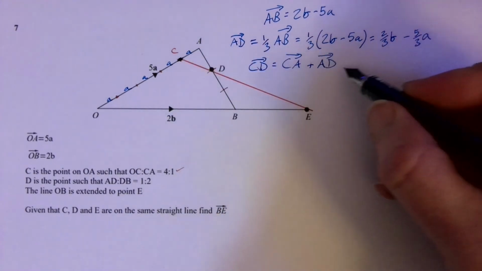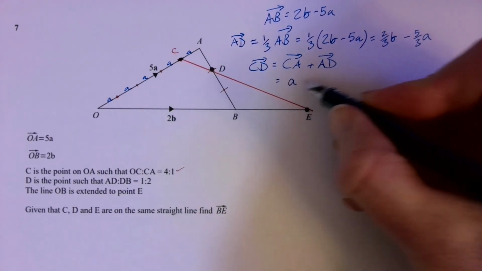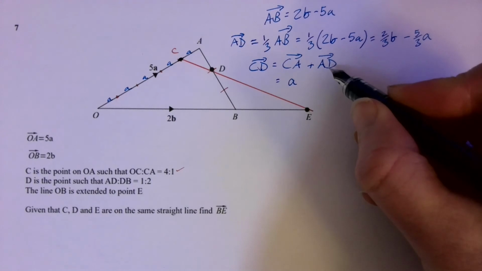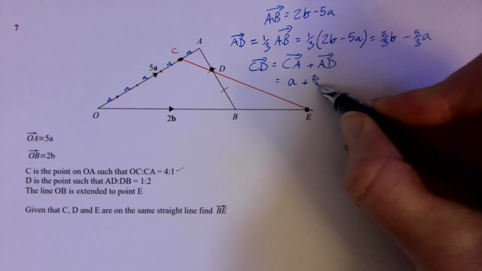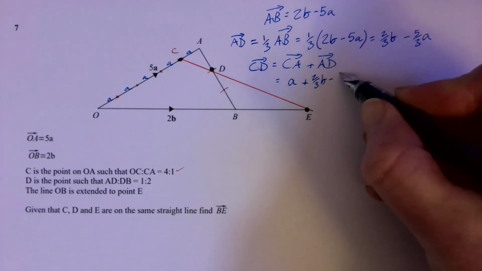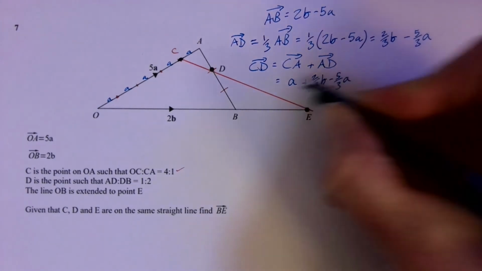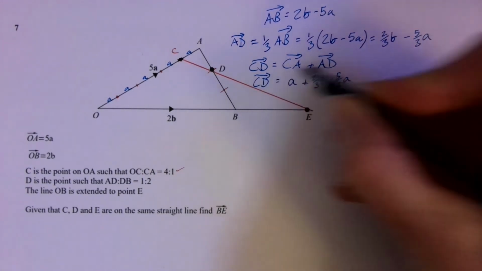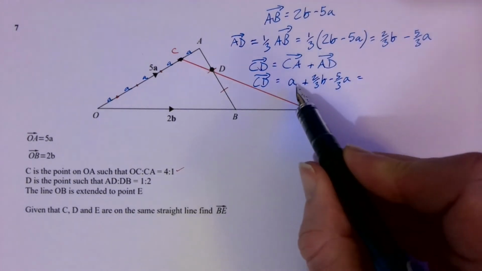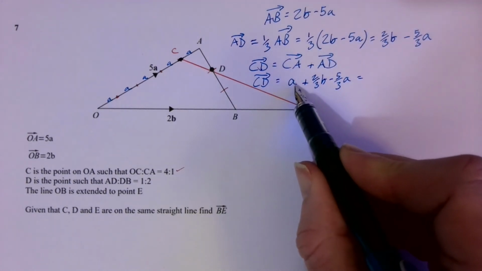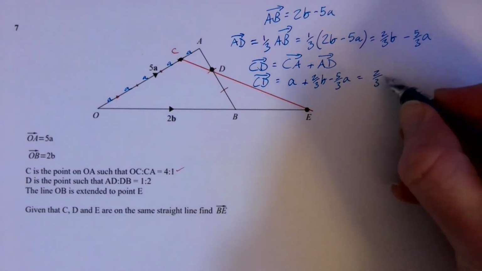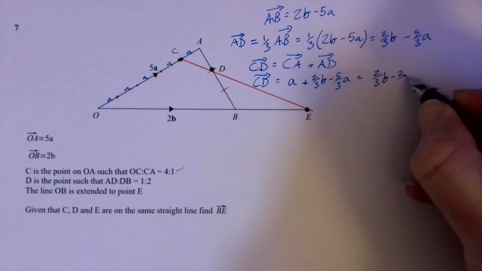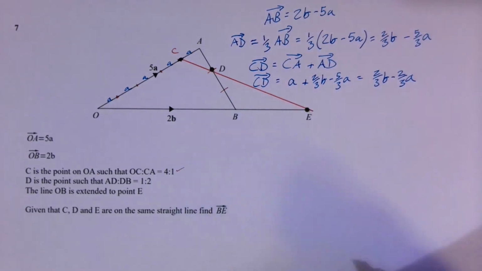So C to A plus A to D is 2/3 B take 5/3 A. So our C to A, well, A is 3/3, so 3 take 5 is minus 2. So that gives me 2/3 B take 2/3 A.